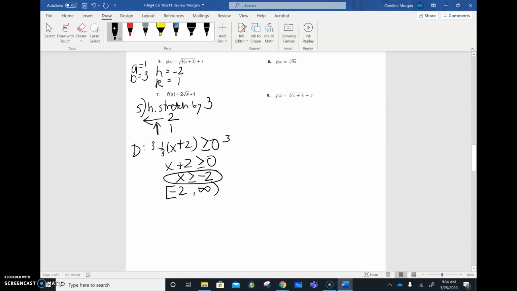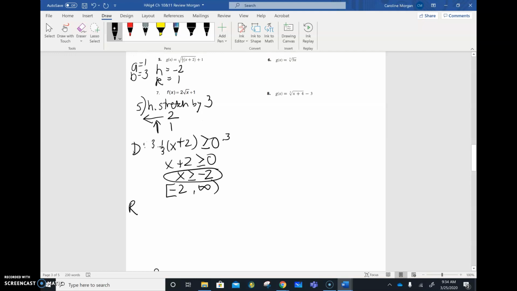Okay, then the next thing I do for range, we're going to need a whole page for this problem, won't we? Or this set of problems, is I start with this thing. I know that this has to be greater than or equal to 0. Now I need to manipulate it to get it to look like this.